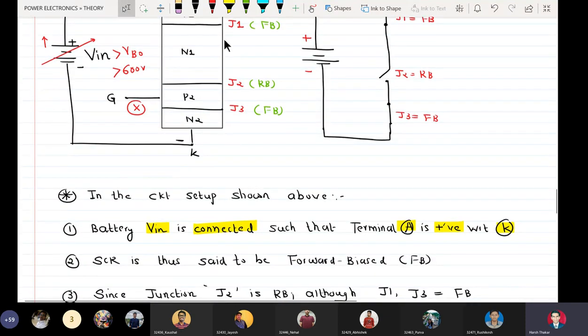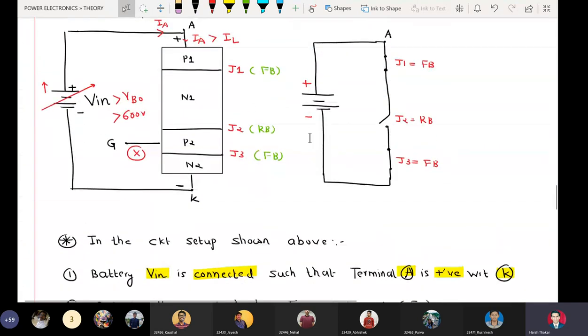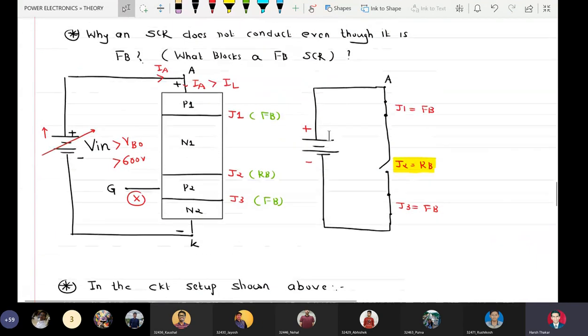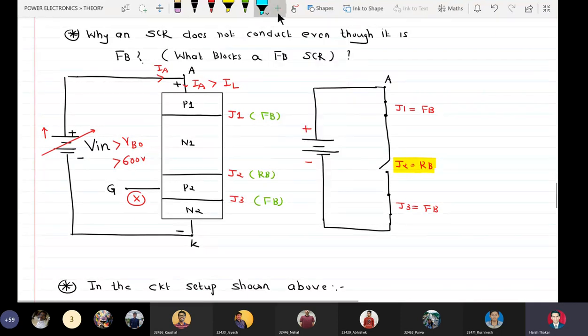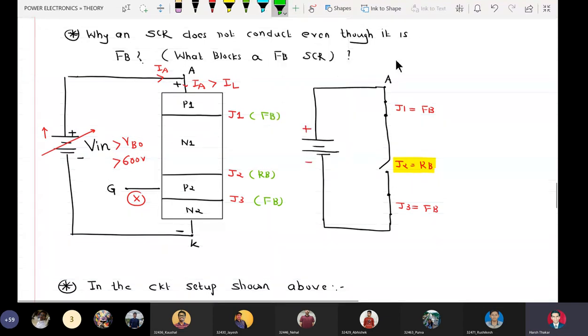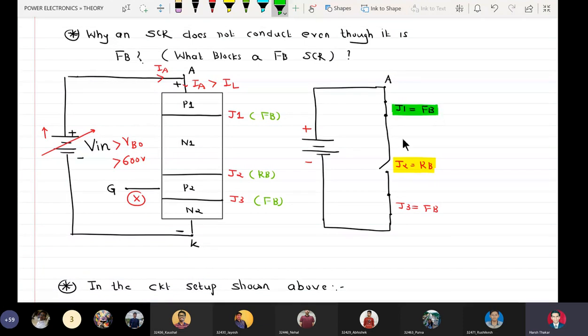Now students, listen here. The culprit, that is what is stopping the SCR from conducting, is the reverse bias junction J2. These two, J1 and J3, are supporting conduction, but the middle one, J2, is blocking the conduction.